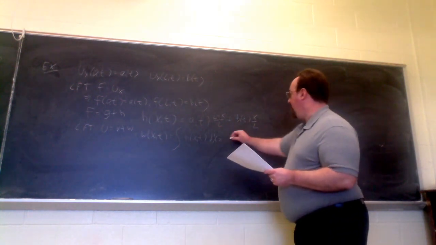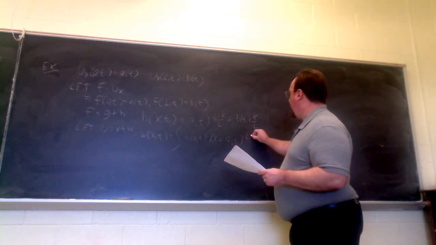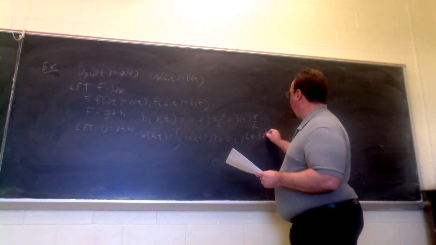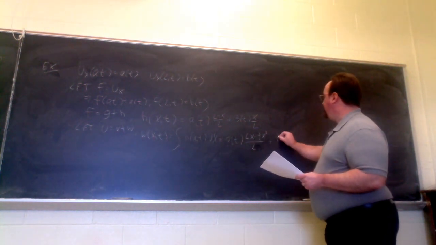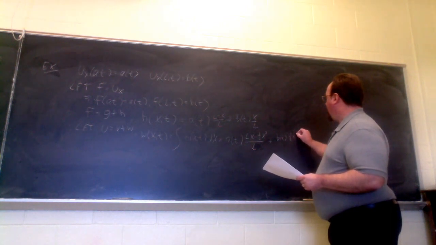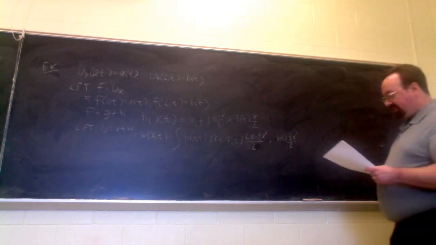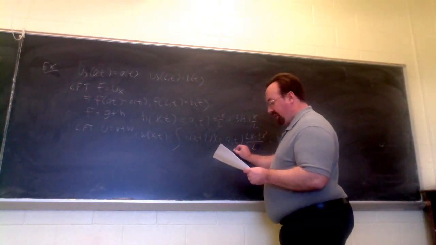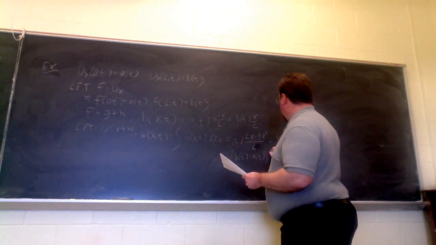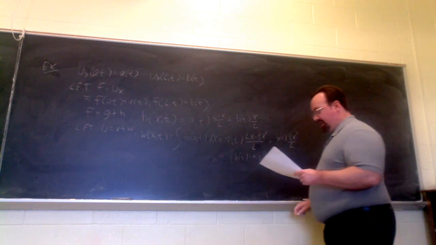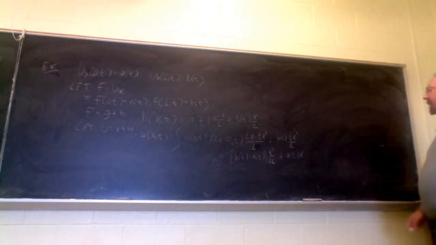So we integrate and get a(t)(Lx minus 1/2 x squared over L) plus b(t)(1/2 x squared over L), which condenses to (b(t) minus a(t)) x squared over 2L plus a(t) x.